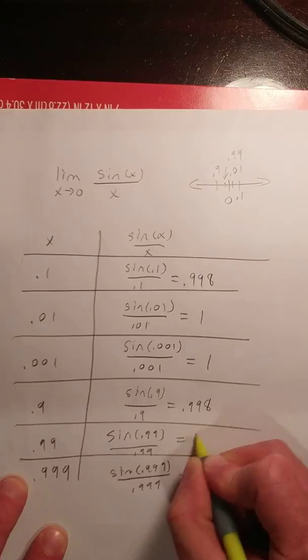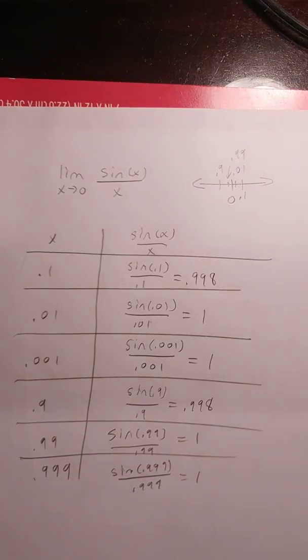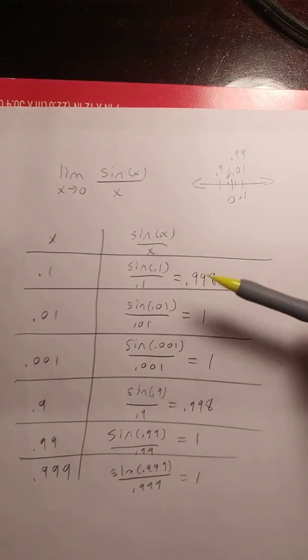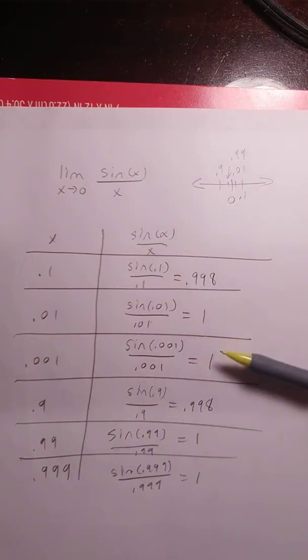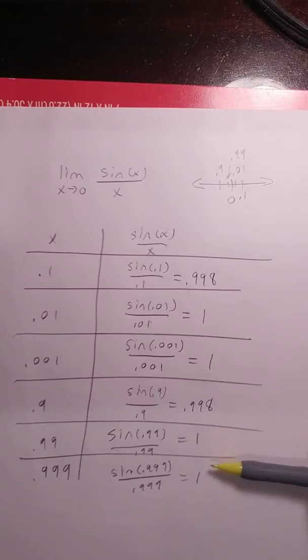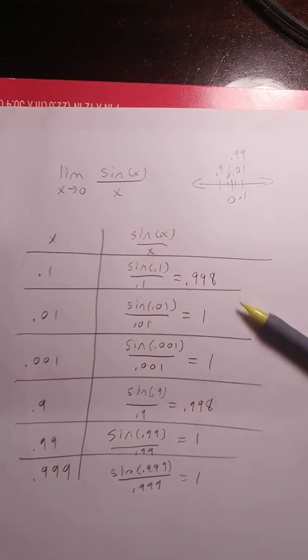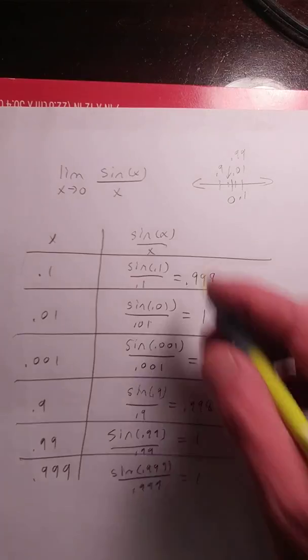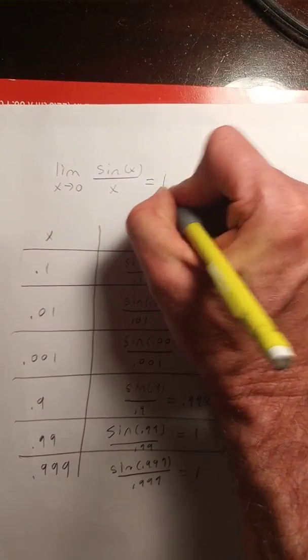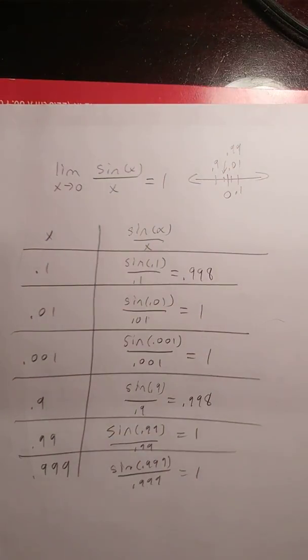Those both come out to 1. I'm running out of space here, as you can see. So I think it's fair to say that coming from the left, the limit's 1. Coming from the right, it's 1. So we do get agreement. So your limit is 1.